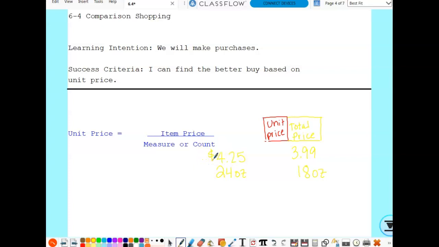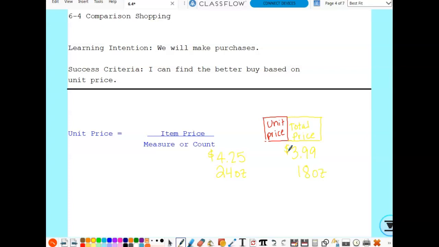So you would have to check which one you get more for less. If you calculate this, you take $4.25 divided by 24 and $3.99 divided by 18, and whichever one has the smaller cost is the one you probably want to buy. That's if the Walmart version tastes exactly the same as the Kellogg's version.